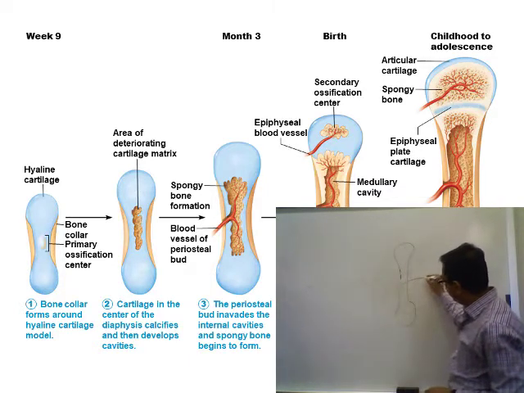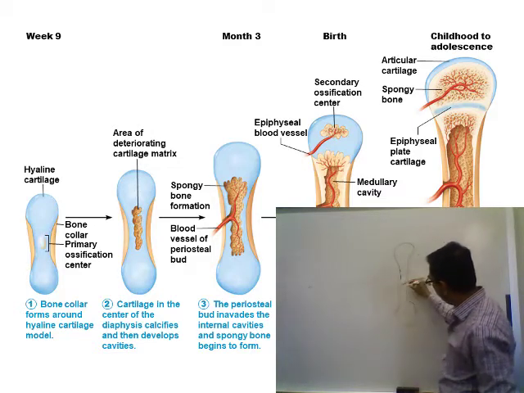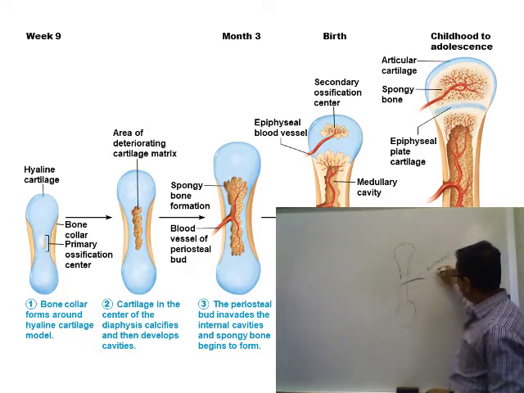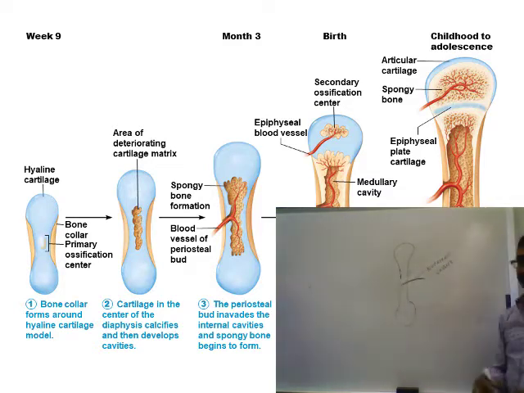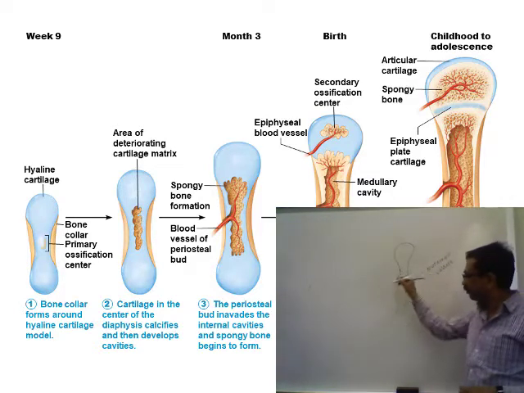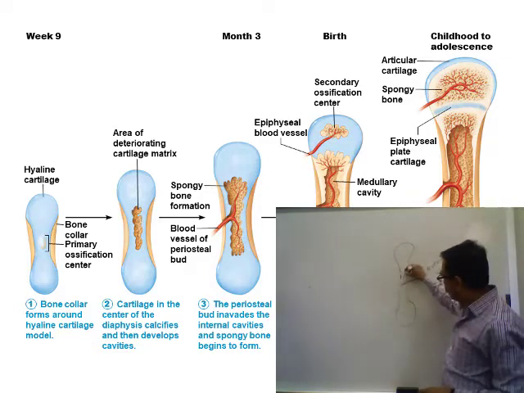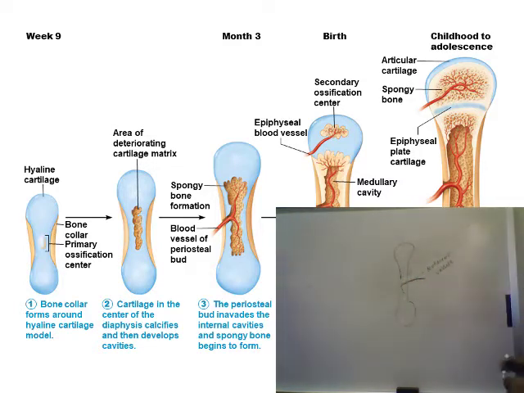The blood vessels that enter into the bone through the middle of the shaft, that is the nutrient vessels. Artery and vein both pass through the shaft and branch like this. Okay, so that's the nutrient blood vessels.